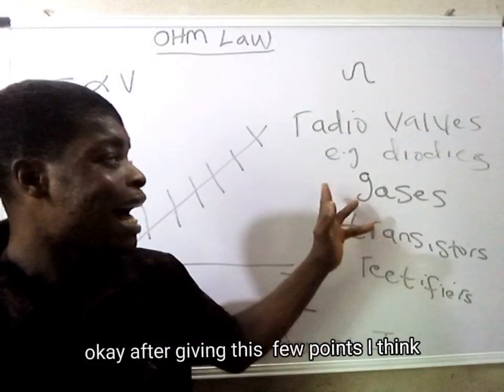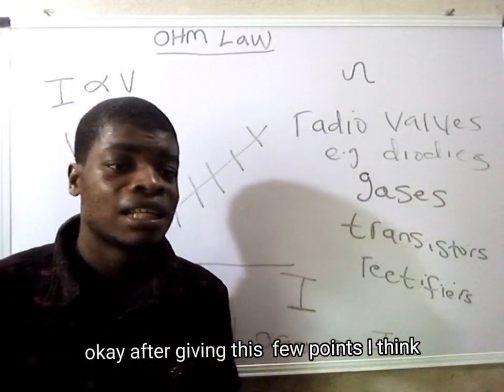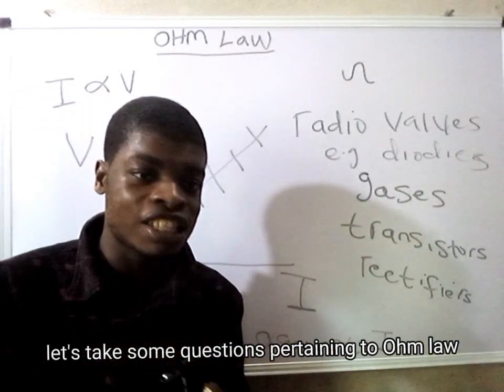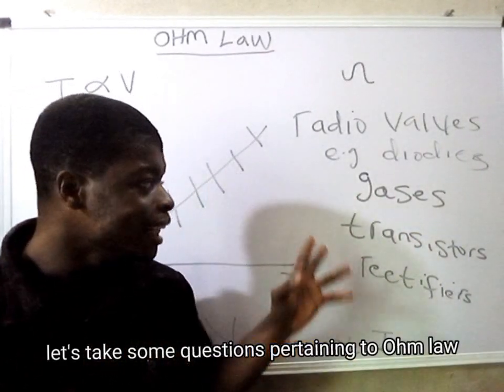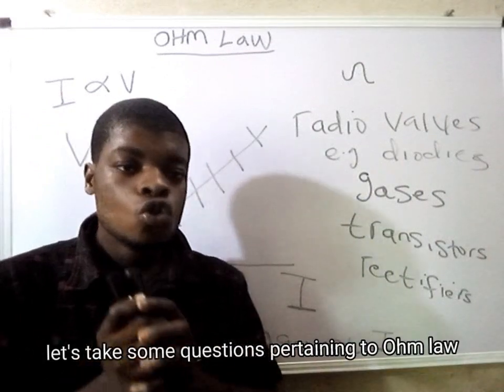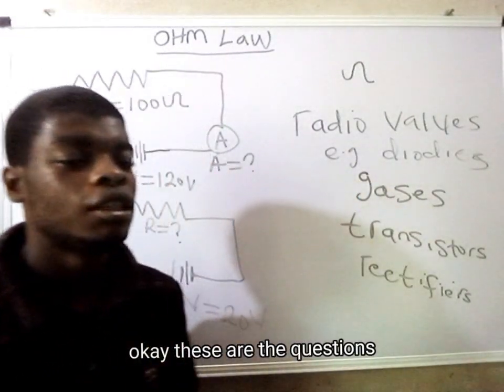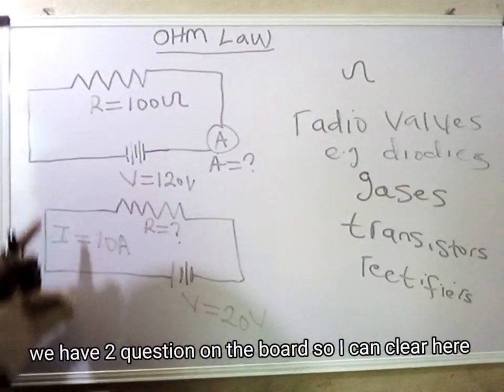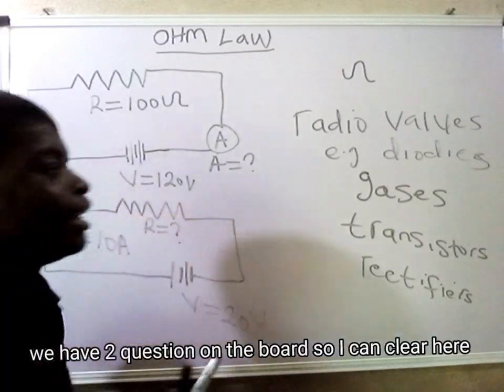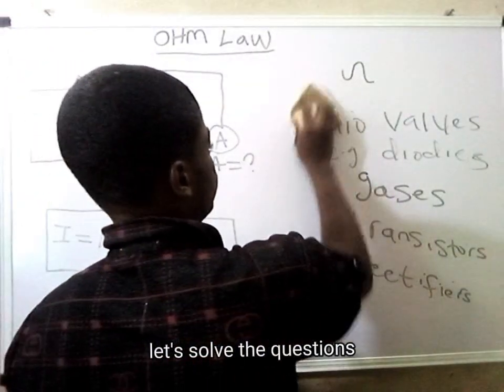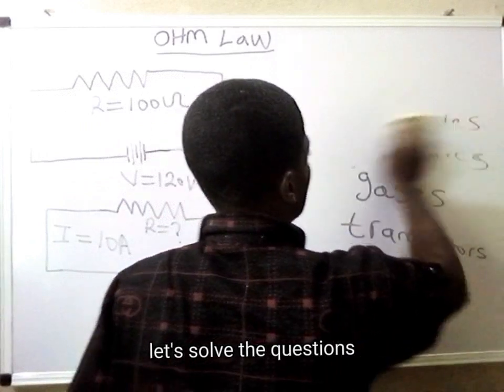Okay, after giving these few points, I think let's take some questions pertaining to Ohm's law. Okay, these are the questions. We have two questions on the board. Let's solve the questions.